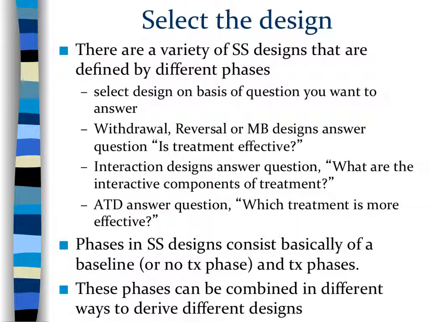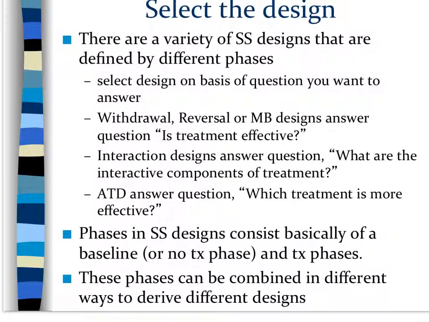Interaction designs answer the question, what are the interactive components of the treatment? And ATD designs answer the question, which treatment is more effective? Phases in single subject designs consist basically of baseline and treatment phases, and these phases can be combined in different ways to derive different designs.